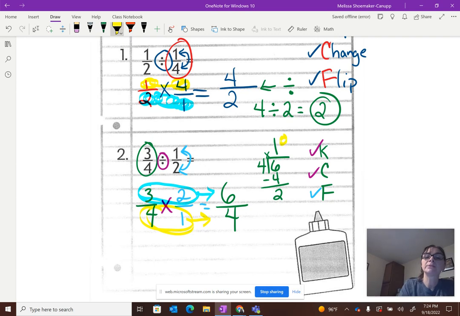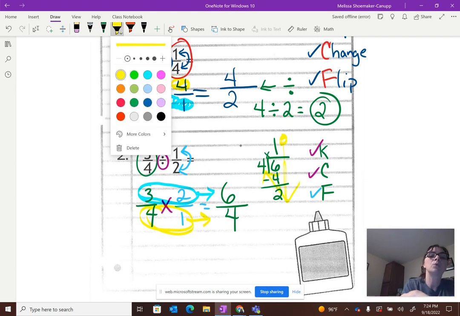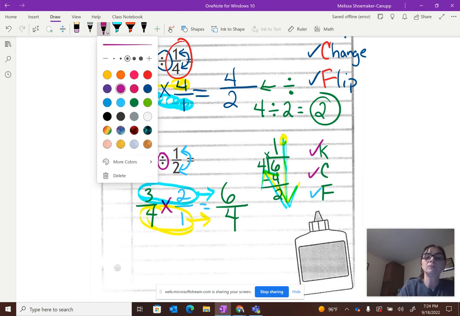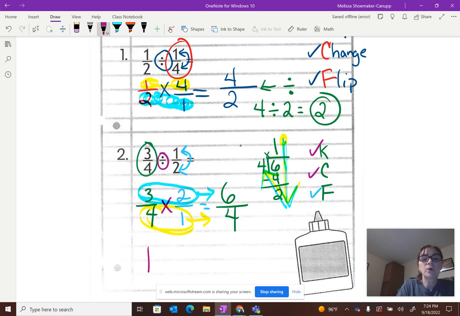I'm going to write this with the backwards check mark. If any of you remember working on that, I called it backwards check mark because we start here, we go down and grab the 2, and then we go back up here and grab the 4, which means the whole number is the 1, the remainder is the numerator, and the divisor is the denominator.